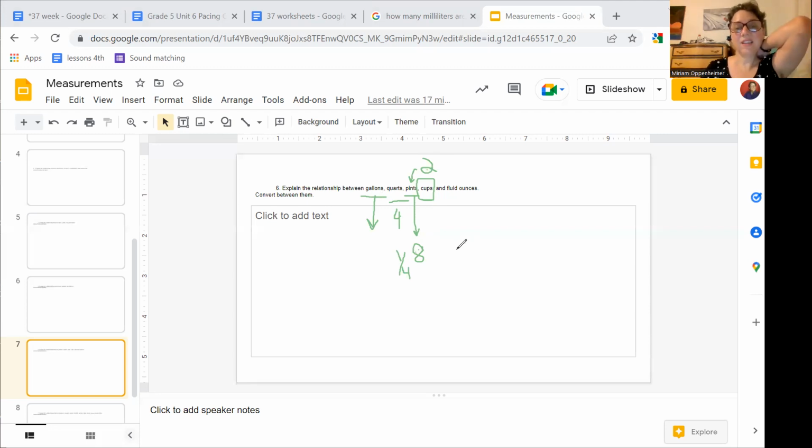So that's 32 cups is 1 gallon. The one we didn't study yet is called fluid ounces. And we saw ounces in the earlier slide. It takes 128 fluid ounces to make a gallon because it takes 8 of them to make 1 cup. Okay, almost finished.